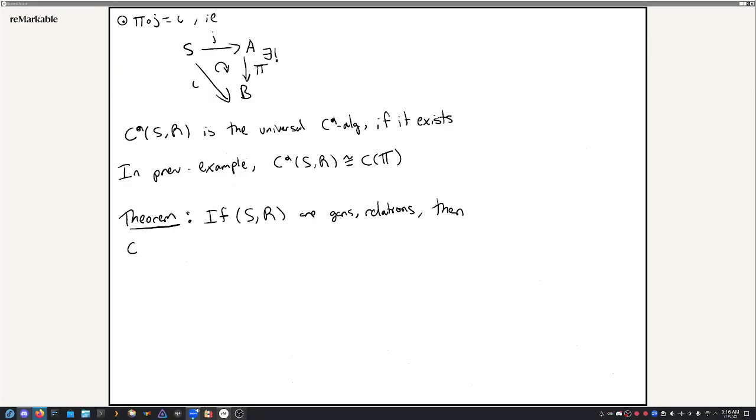Then C-star of S with R, the universal C-star algebra, exists if and only if for all x in S, the set I'm about to write down is bounded.